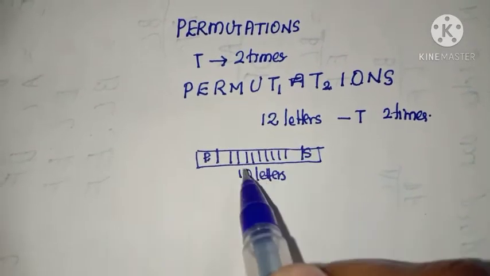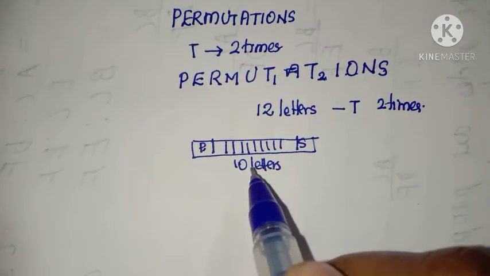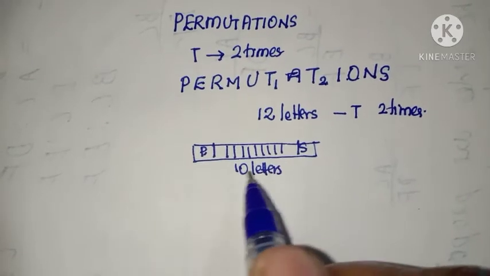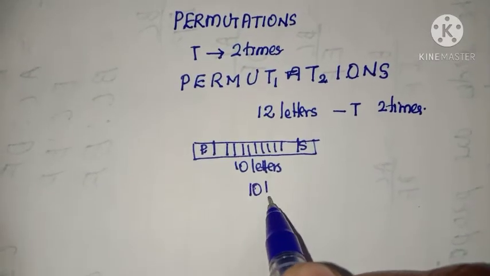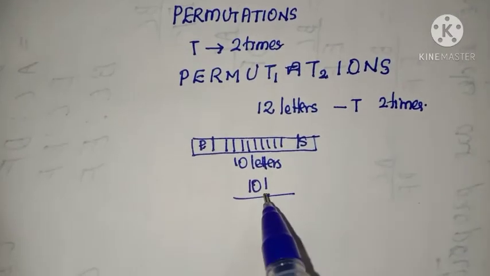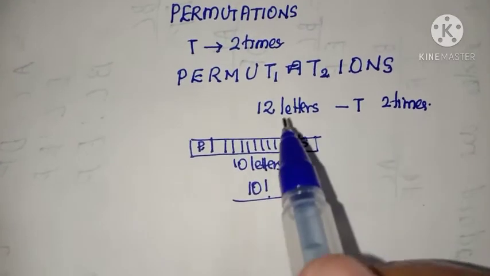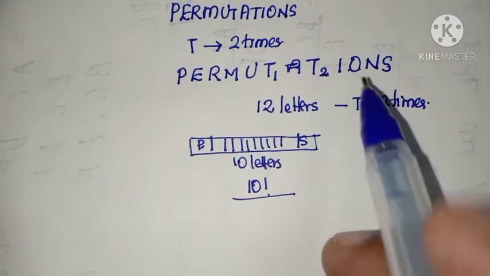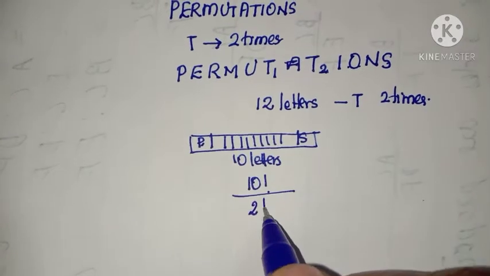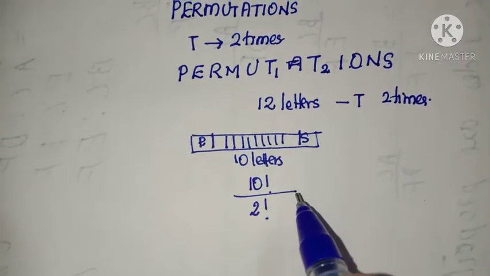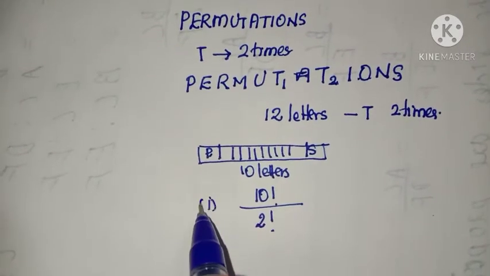So we have to arrange the remaining 10 letters. These 10 letters can be arranged in 10 factorial, but in this, T appears twice, so 10 factorial by 2 factorial. This is question number 1.